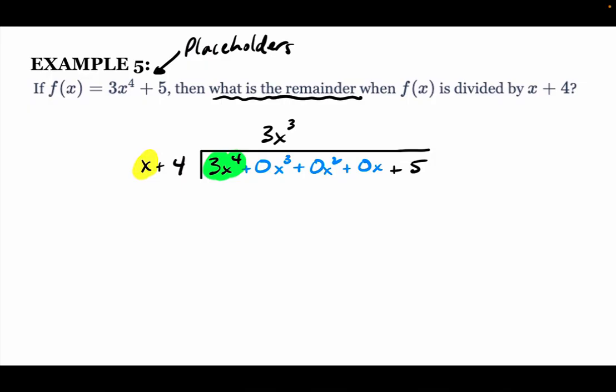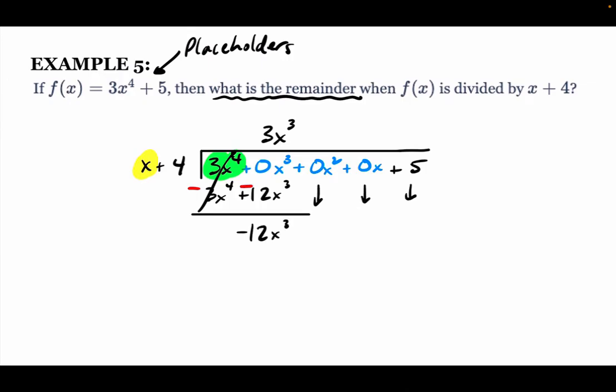Then I multiply. 3x to the 3rd power times 1x is 3x to the 4th power. 3x to the 3rd power times positive 4 is positive 12x to the 3rd power. Change the signs. They're both positive, so now they've got to become negative. The first guy should disappear because 3x to the 4th minus 3x to the 4th is 0. The second guy is 0 minus 12, negative 12x to the 3rd.